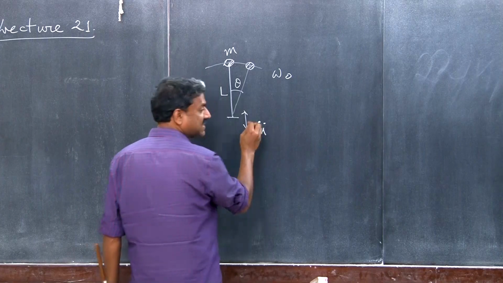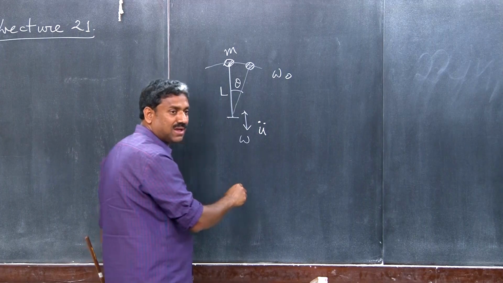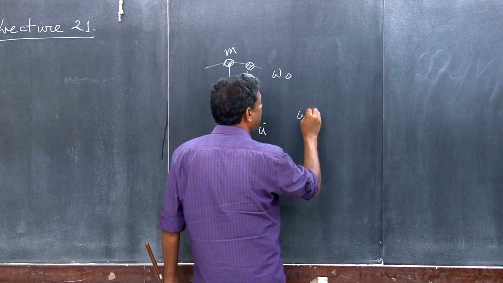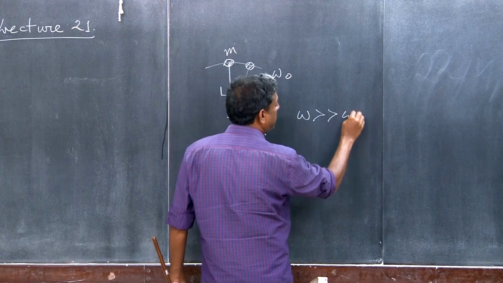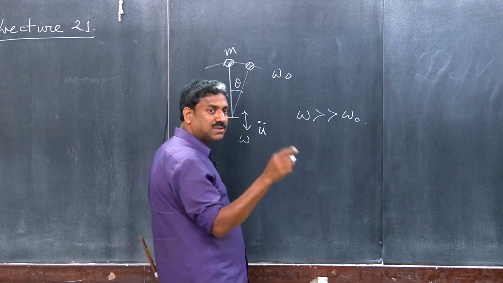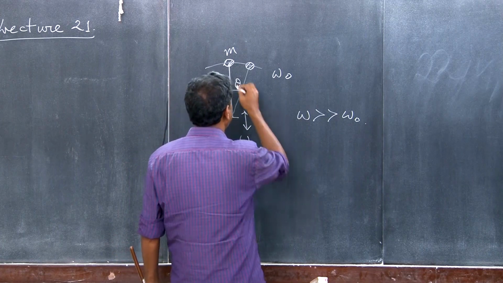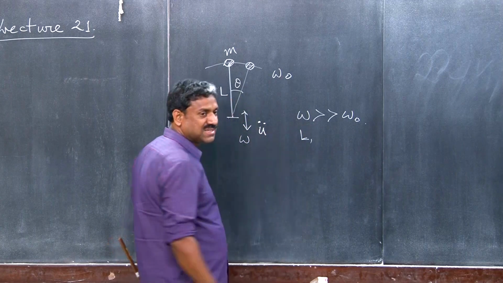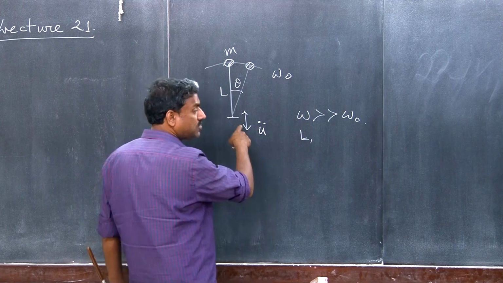Then you excite it using some frequency omega. For stability, I have shown that omega needs to be very large compared to omega 0, and some other parameters were also involved in this inequality: the length L, and the amplitude of the excitation.